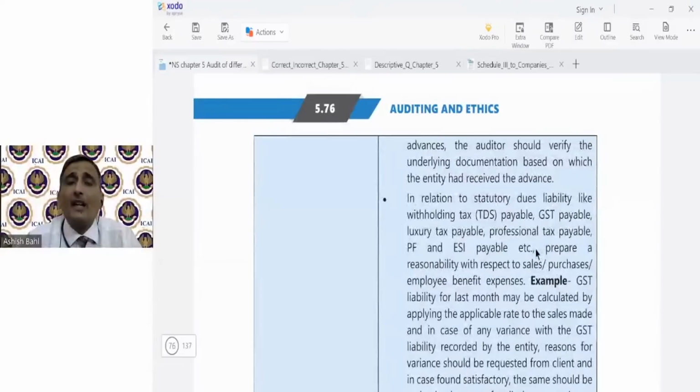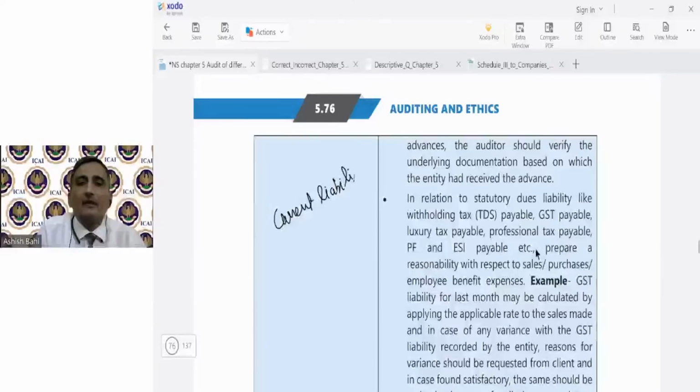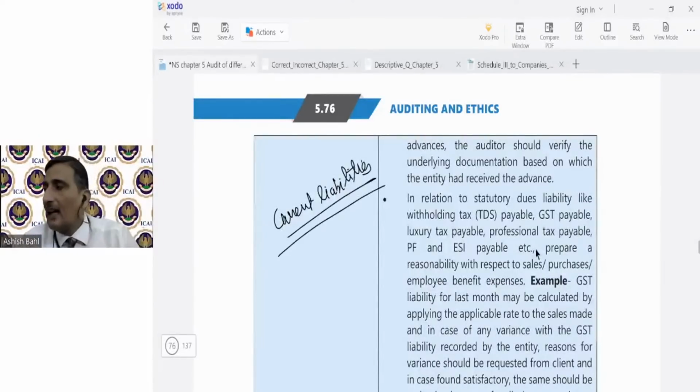And what other items are included in current liabilities, students? So current liabilities, by their very nature, by their very definition, are expected to be paid in a period of 12 months.